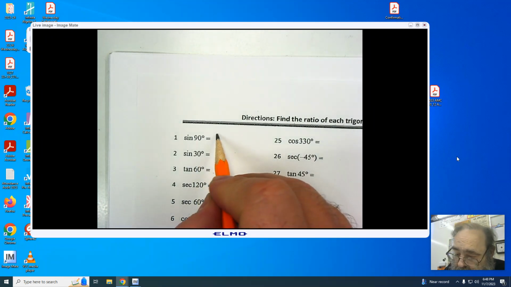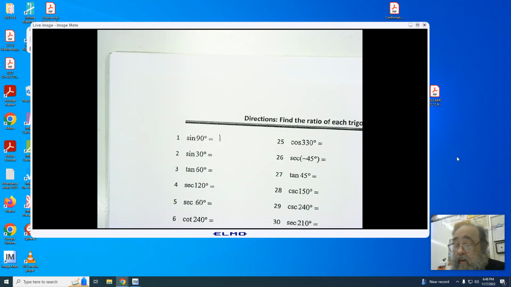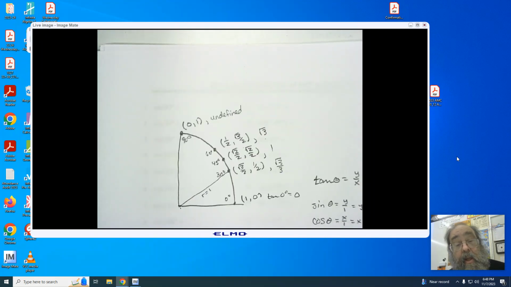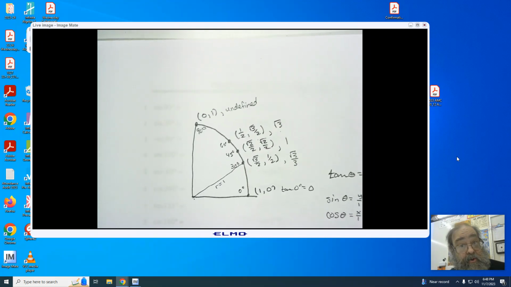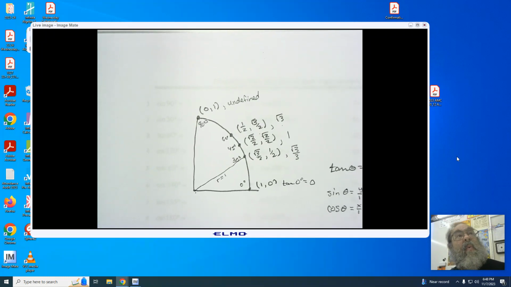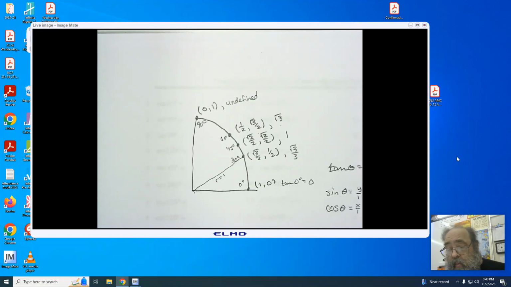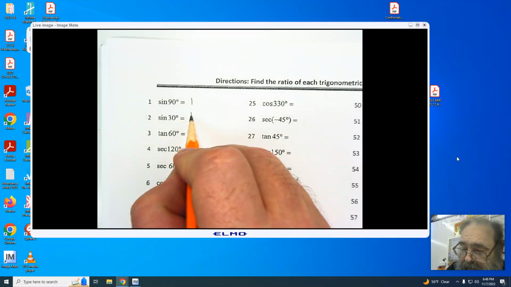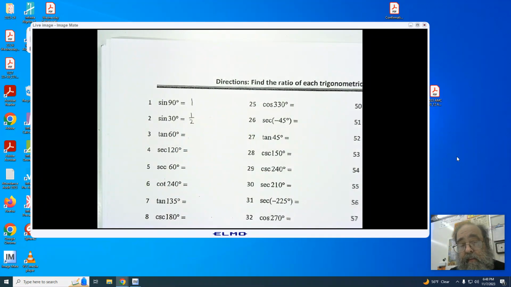My ratio is 1. Number 2, sine of 30 degrees. 30 degrees is in the first quadrant. In the first quadrant, our point for 30 degrees is root 3 over 2, 1/2. And so we want to take the y value, which is 1/2. Therefore, the sine of 30 degrees is 1/2.